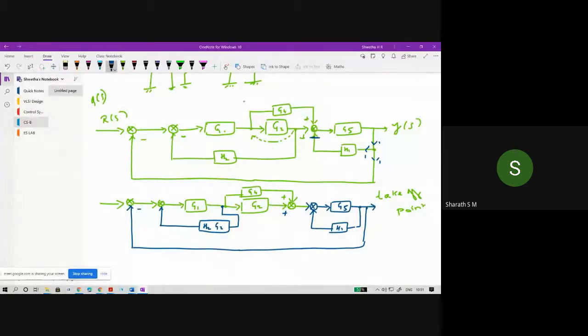Afterwards, this is acting as a feedback path. Here it's a positive sign, so we have positive feedback. Write the positive feedback equation. This one has a parallel equation, and this one has a negative feedback equation. At the last, we have a negative feedback with a signal as 1. So solve.